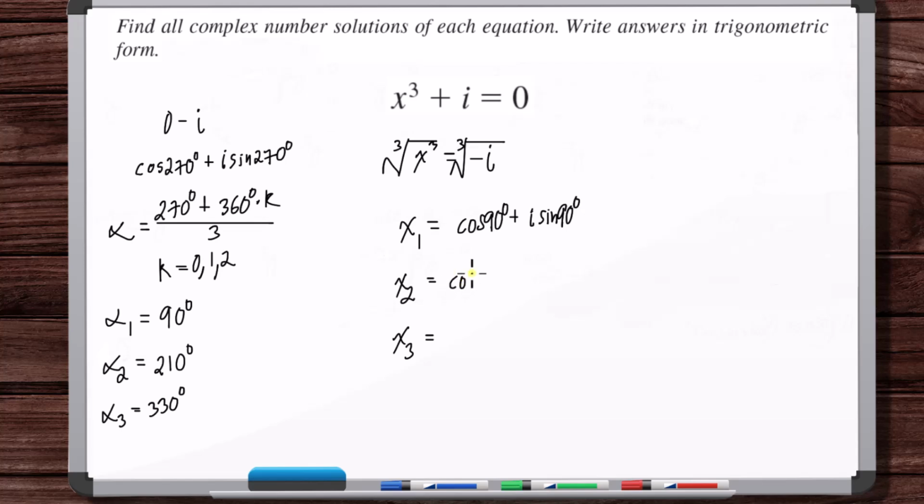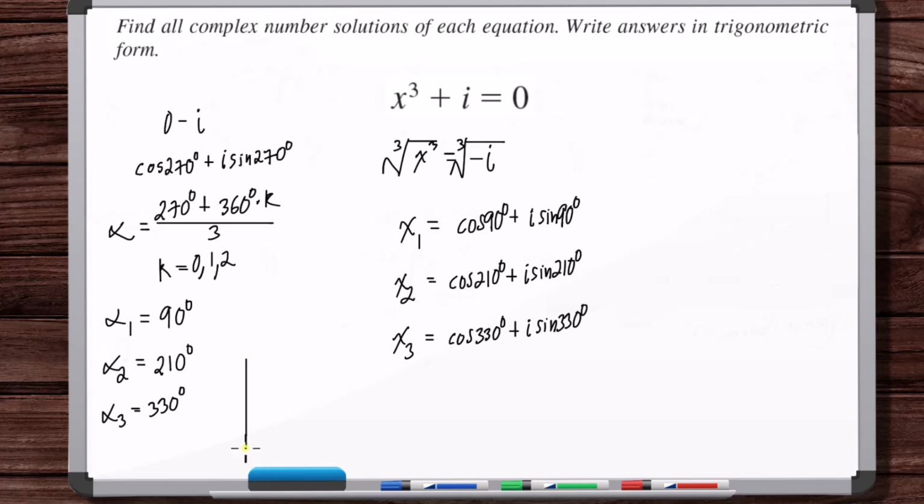Then we've got cosine of 210 plus I sine of 210. Then we've got cosine of 330 plus I sine of 330.